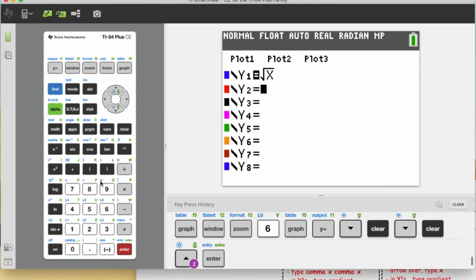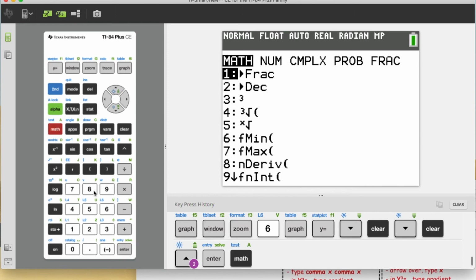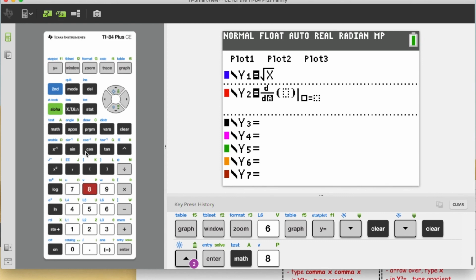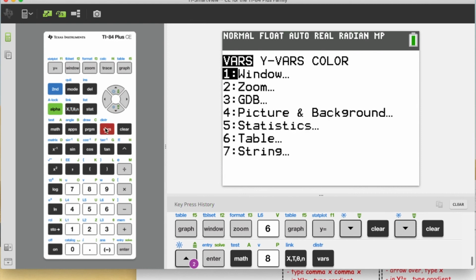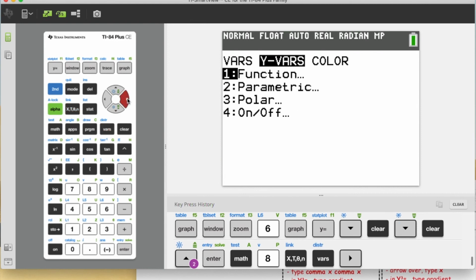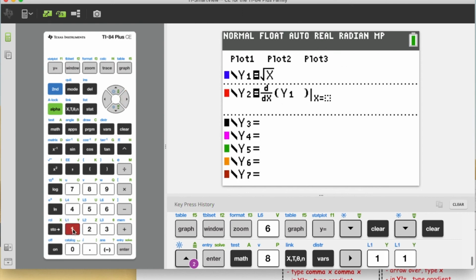This can be done by going to Math 8. So we enter the derivative expression, dy by dx, and then the function, because the equation is square root of x. You can either enter square root of x, which is not complicated in this case, or notice that your calculator has actually stored it. Press the variables button, scroll over to Y-VARS, Function, and select Y1, the derivative of the y1 function.